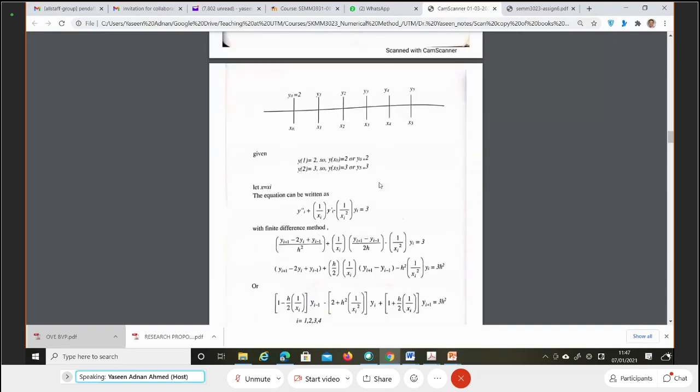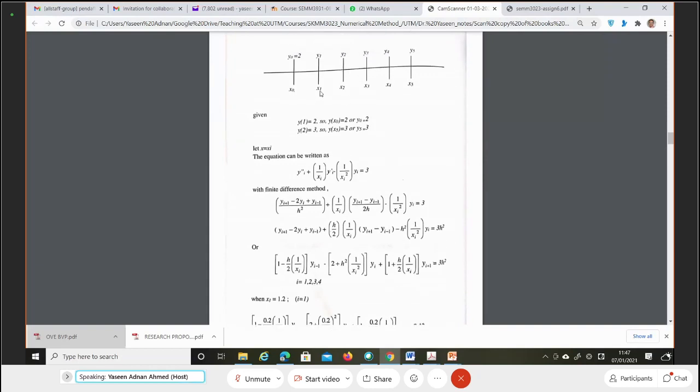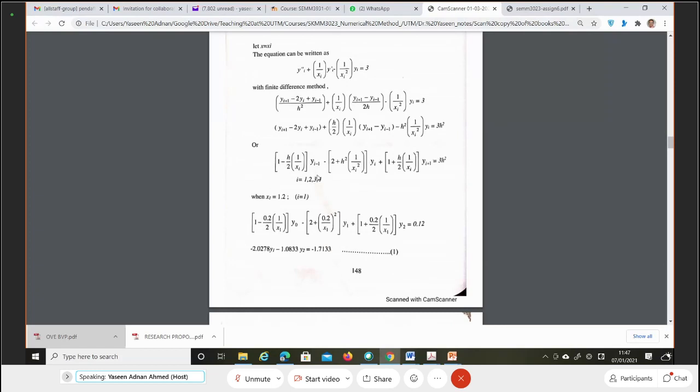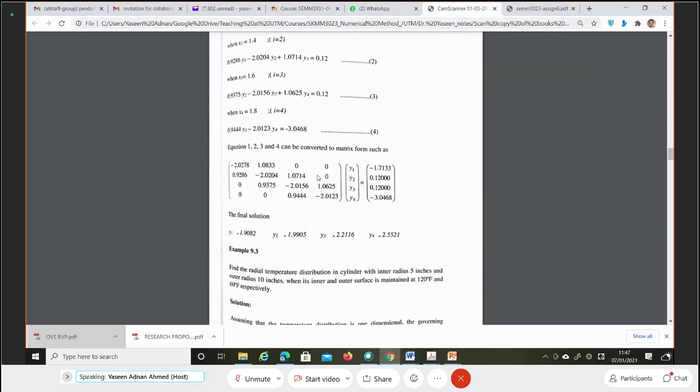Of course, you will get 4 equations. So you have to substitute the value of i equal to 1, i equal to 2, i equal to 3, i equal to 4. So you have 4 equations, but I don't think you will get a 4 by 4 matrix in the class test. It takes time. But just to make sure that you can solve these kinds of problems. So the final solution, you will get this one. It's straightforward, okay?